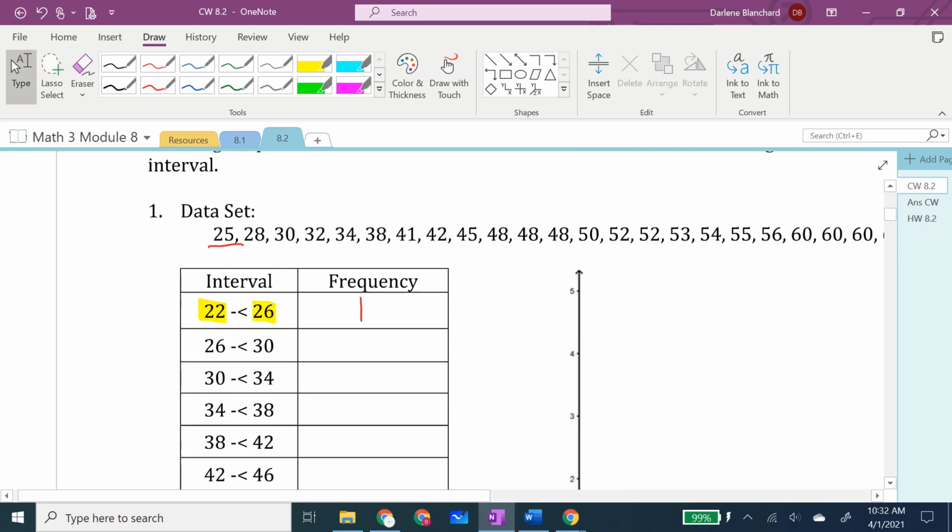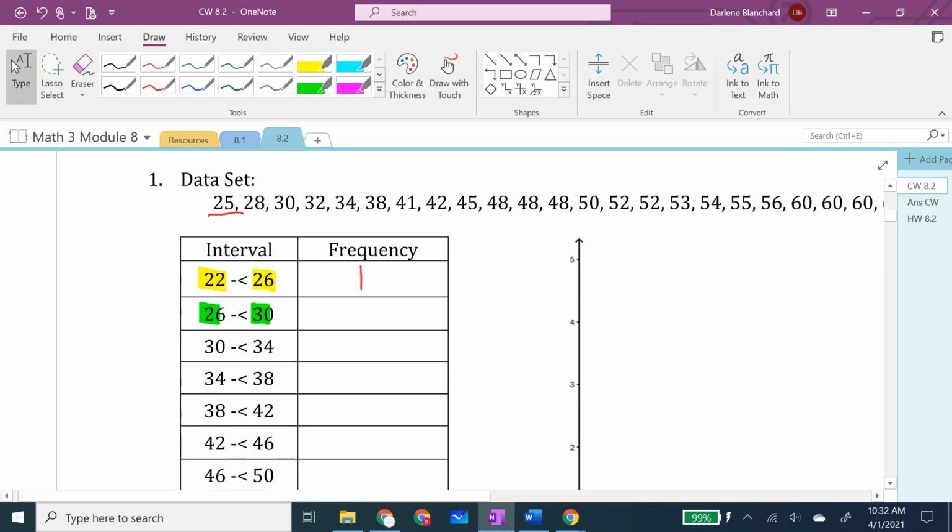So the next set of data is 26 to 30. So you're looking for what is between 26 and 30. And then the question is, is this including equal to 30? And if you take a look, I know it's not obvious, but this is showing equal to 30 to just under 34, whereas this one was equal to 26 and just under 30.